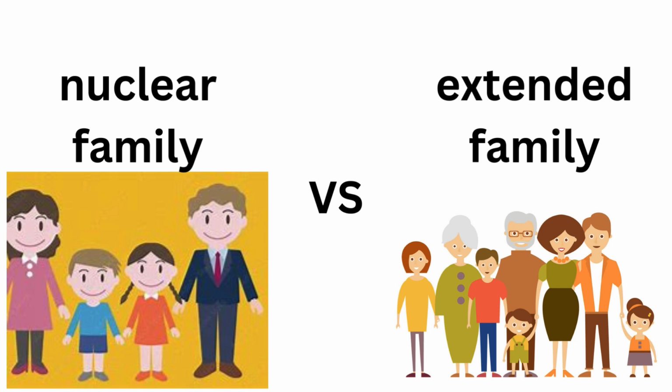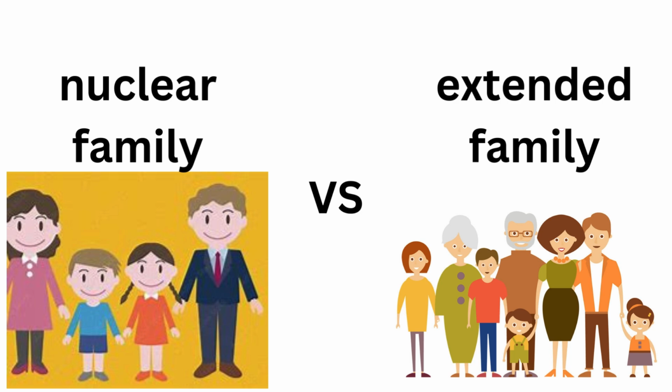So when you hear nuclear family, remember that it is the smaller version of the extended family. Nuclear family just consists of husband, wife, child or children living together. The extended family extends beyond the limits of a nuclear family, which means you'll have grandparents, you'll have auntie, uncle, cousin.